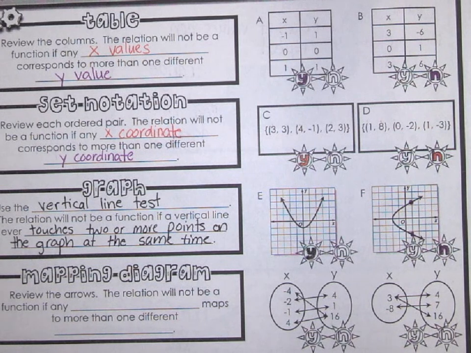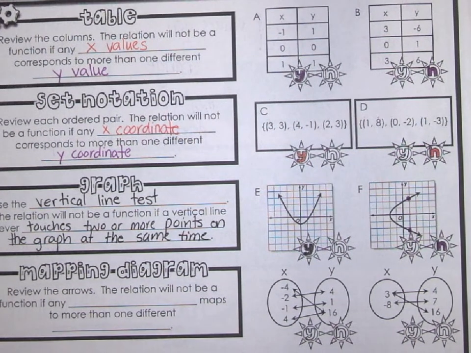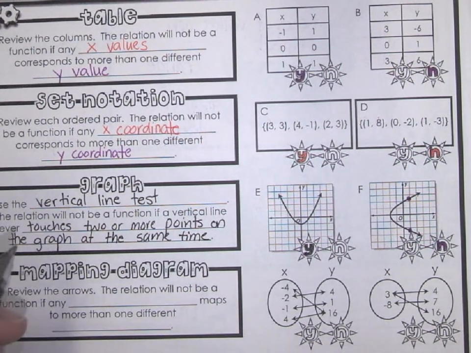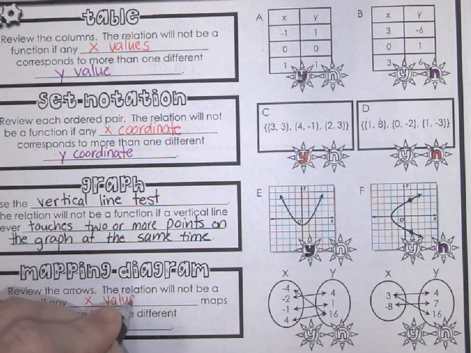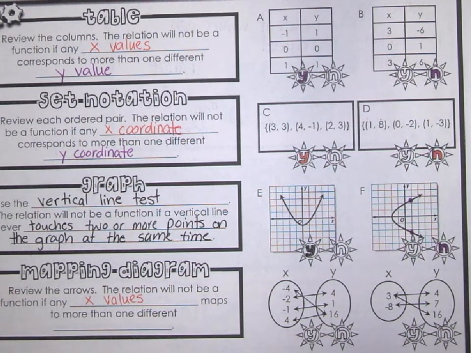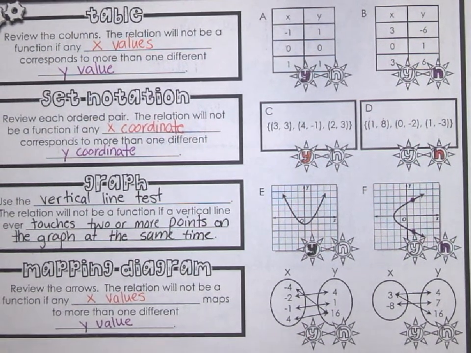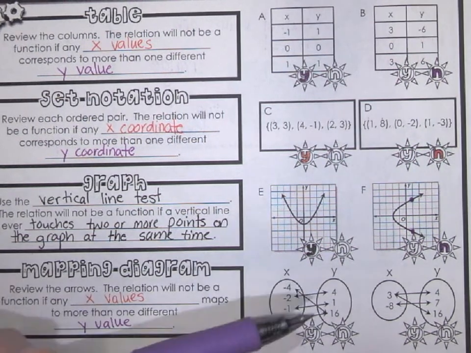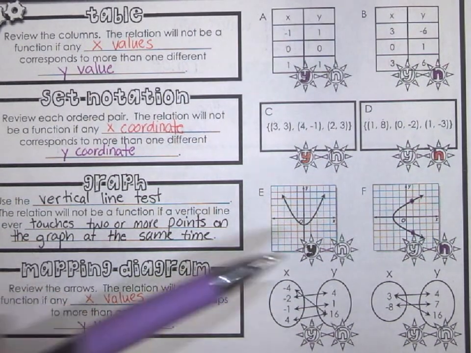And then finally we have a mapping diagram. And here the mapping diagram, you're going to look at your arrows. It will not be a function if any of the x values maps to more than one different y value. So if we look, one arrow, one arrow, one arrow, one arrow.